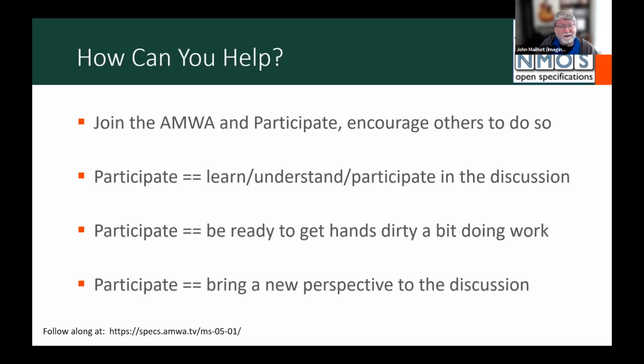But for this group, if you're going to join, please participate, which means actually learning, following, understanding and participating in the conversation, because we're making interesting choices. Be ready to dive in and do some work, because the interop that we want to have later in the year will only happen if a couple of vendors and one or two control vendors actually implement this thing, or the proto of this thing.